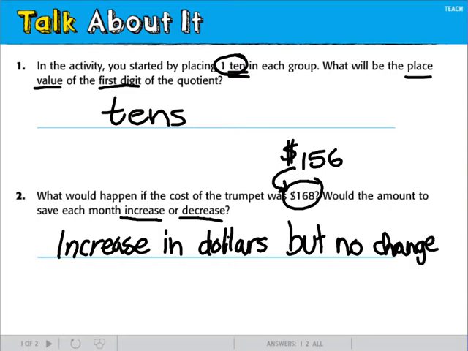So it's still 12 months, right? So the only way that you can end up with more money at the end of the same amount of time is to increase the amount that you save.